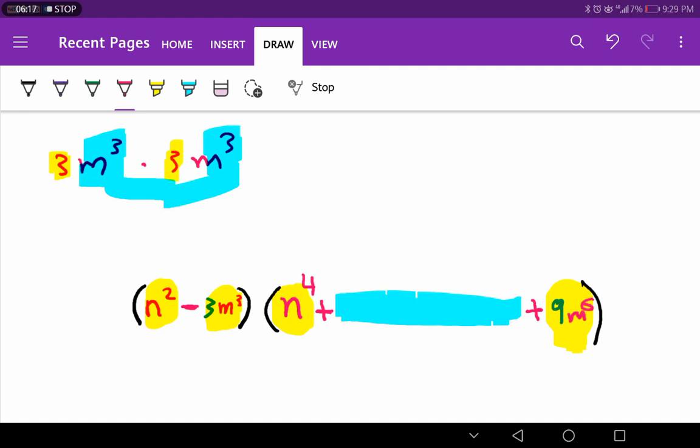In the last step, the middle term, you multiply the first term by the second term. I will multiply the 3 by the number in front of the n square. There is nothing, teacher, so it is 1, just in case. 3 by 1 gives me 3. And what I try to tell you, just carry the first term and the second term as they are.